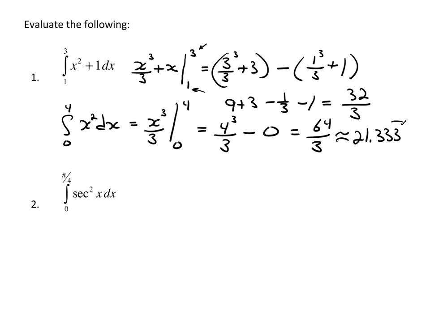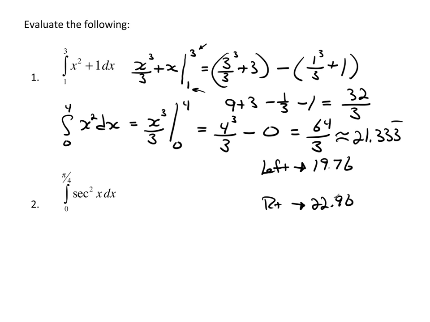Now, as a reminder, when we did the left endpoint, we ended up with an approximation of 19.76. We did the right endpoint, and that gave us an approximation of 22.96.